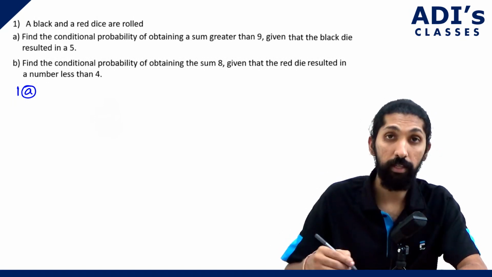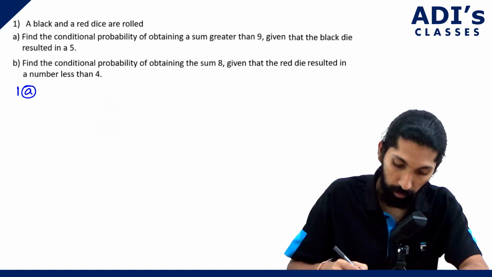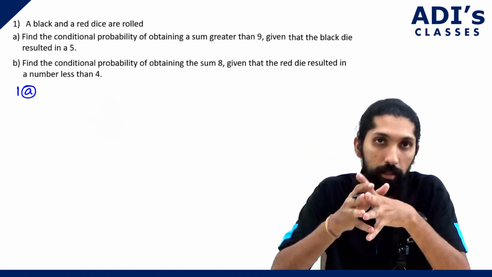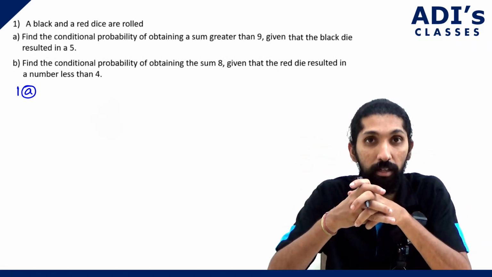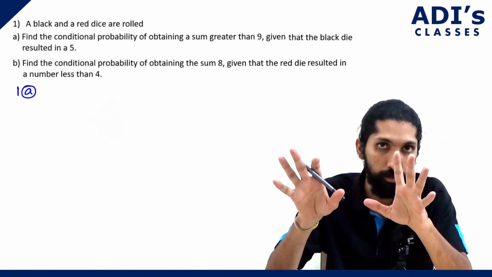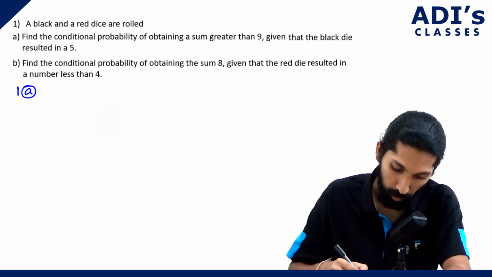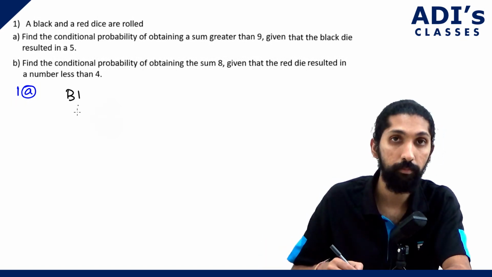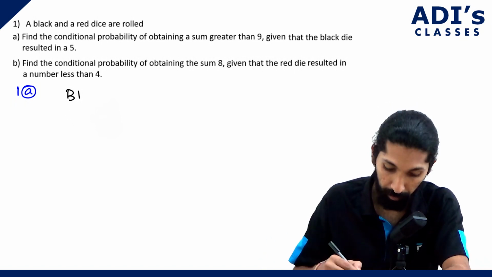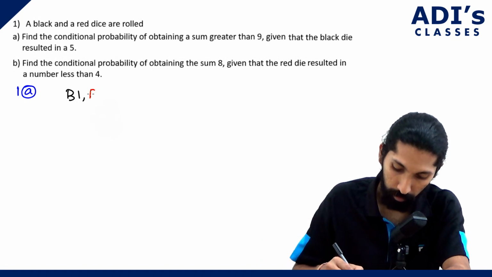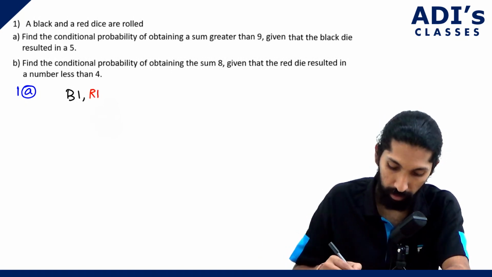See the sample space. Here we have a black and a red, correct? Guys, it's just like saying two dice. They've given a color, but it makes no difference. So we can write it as B1, R1, the first black and the red.